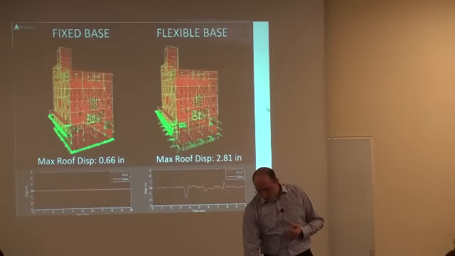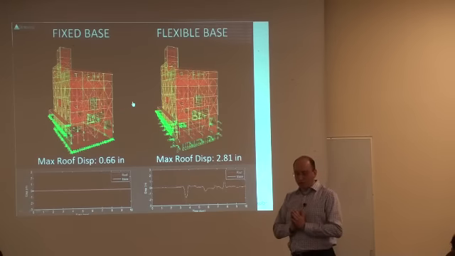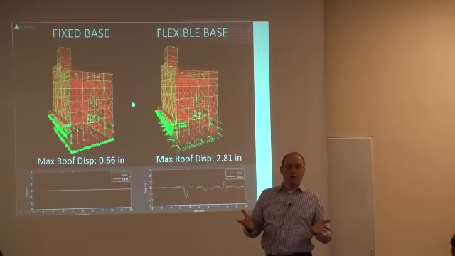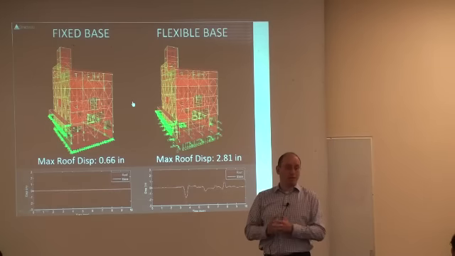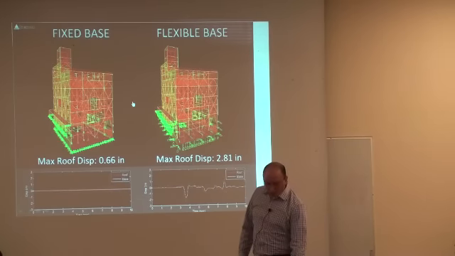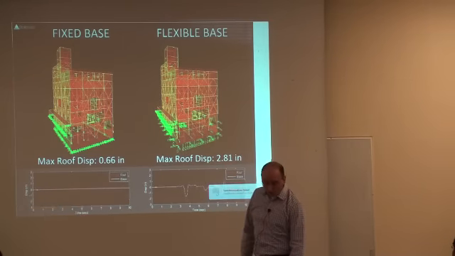This is another project that we've done where we looked at the difference between including and not including soil structure interaction. And the question is, is it better? Am I going to reduce my forces? Is my building going to be less expensive or more expensive? So we're starting to look at that and trying to develop some guidelines on when soil structure interaction would help you, when is it conservative, when it's not.